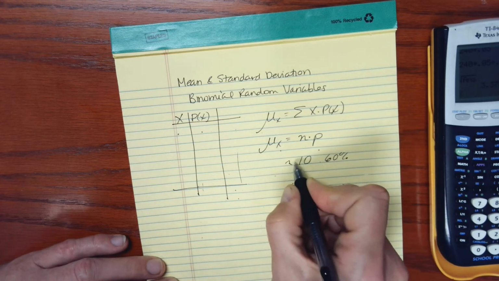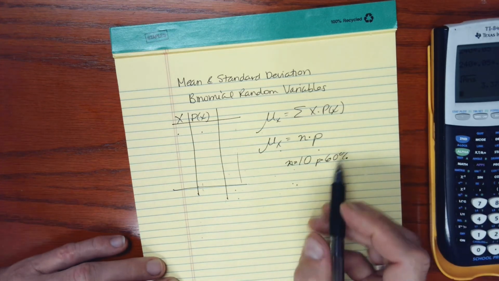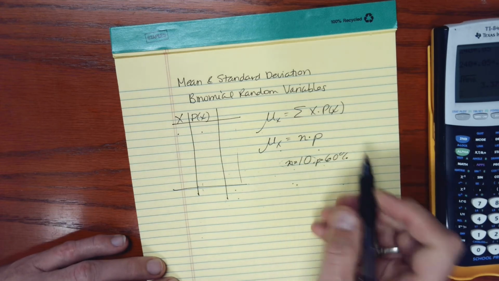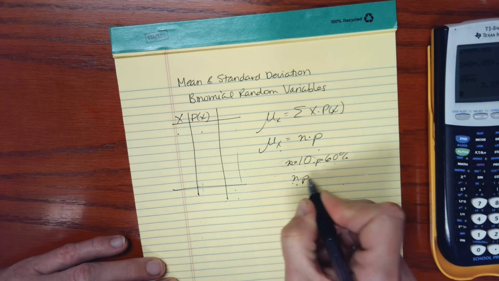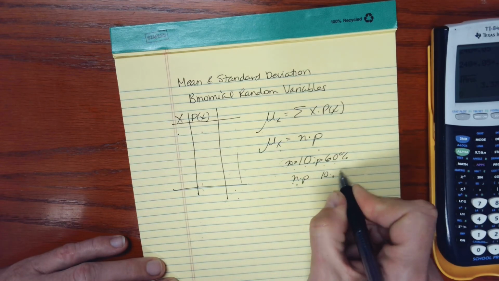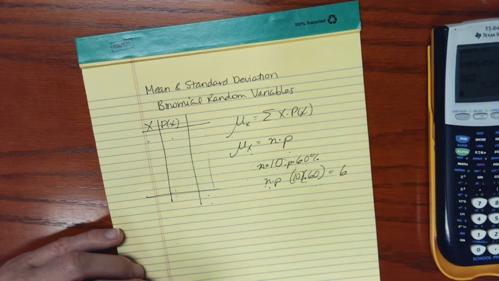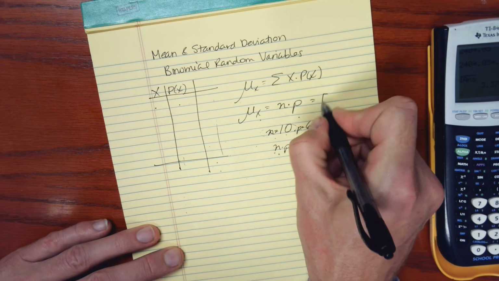So that's n equals 10 and p equals 0.60. Well, if 60% are successes and you do something 10 times, you would expect 60% of those 10, or n times p, 10 times 0.60, that's 6 successes. This can also be referred to as expected value.